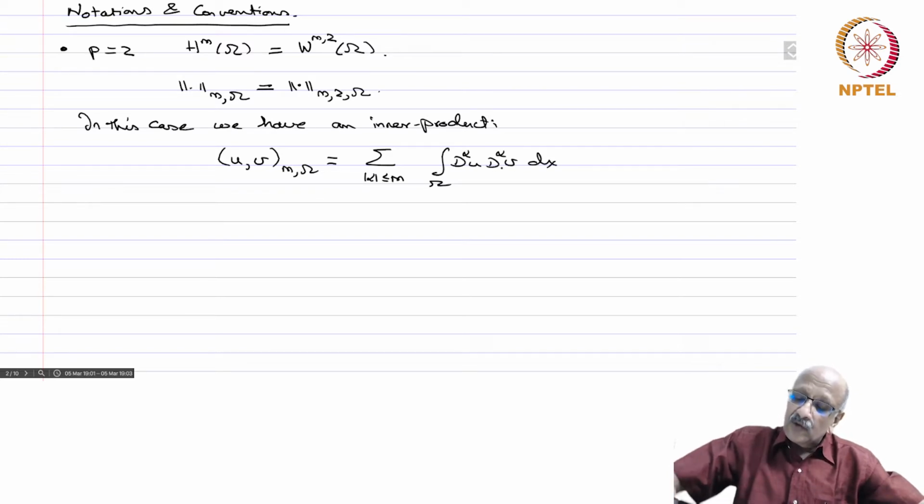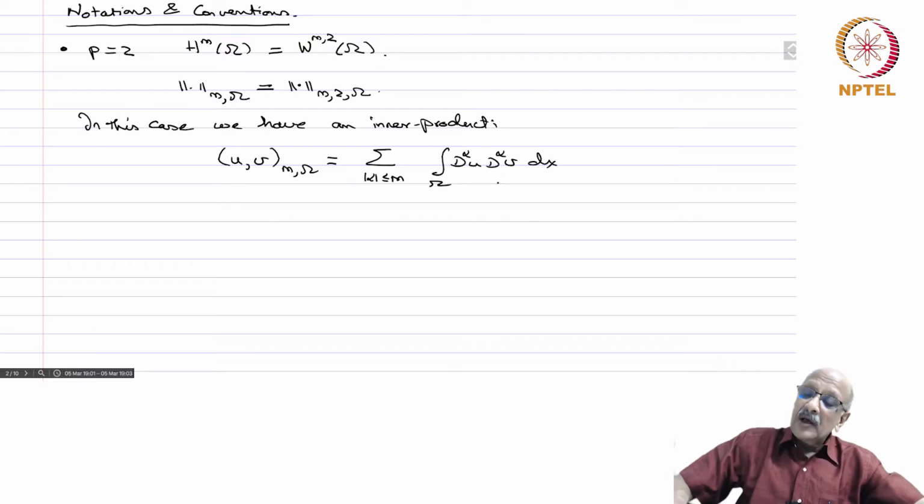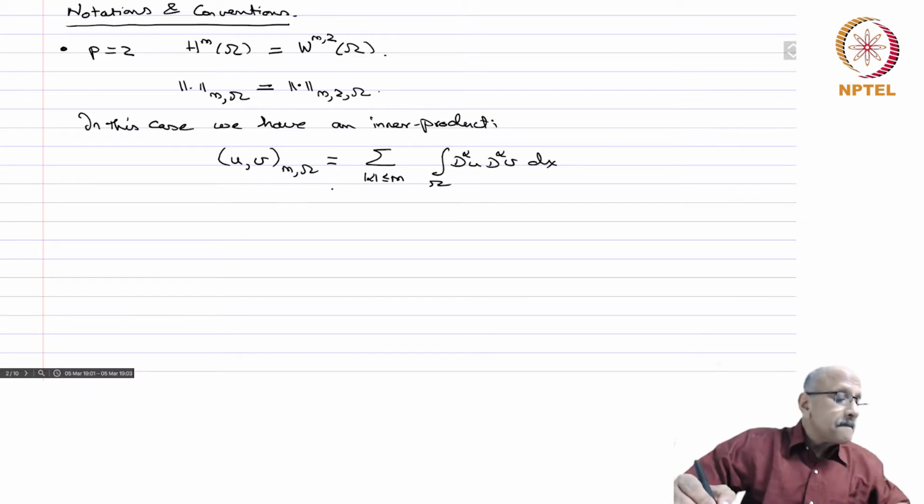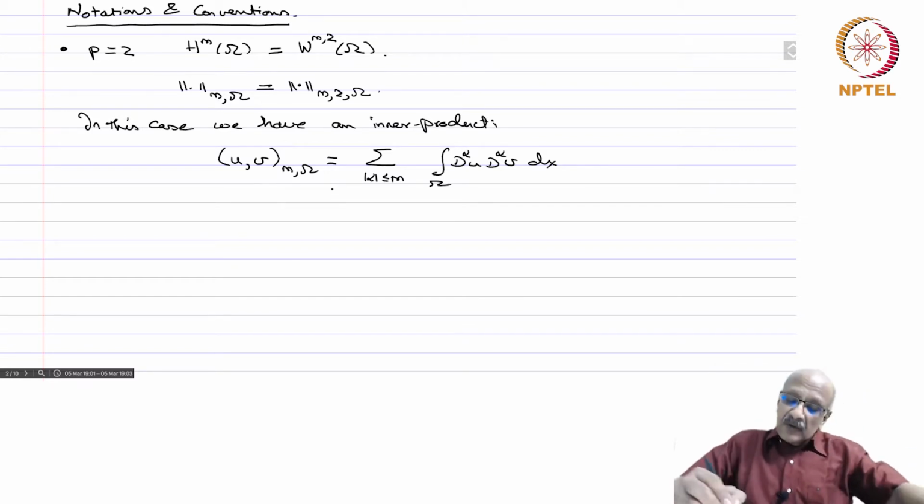So both are L2 functions, so you can integrate, and then that gives you an inner product, and we are assuming without loss of generality that we are all real valued. Okay, so we are working over R. Okay, so this gives you the norm.